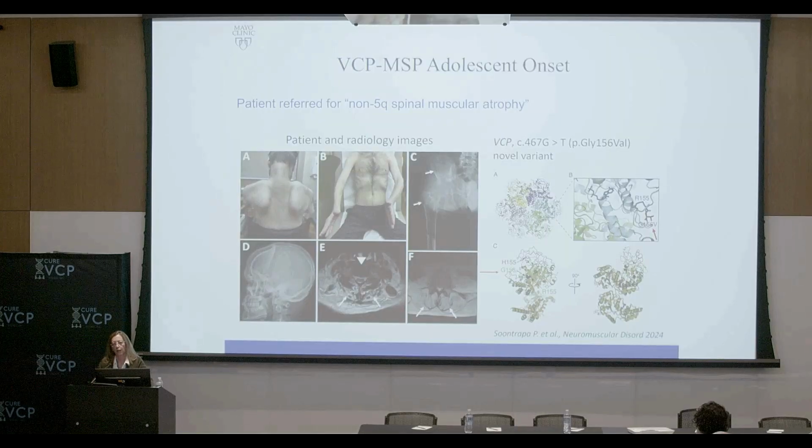So there was no doubt about the date of onset of the weakness. He had been referred for a non-5q spinal muscular atrophy based on a neurogenic EMG study. He became severely weak, and essentially by age 35, he was wheelchair bound.